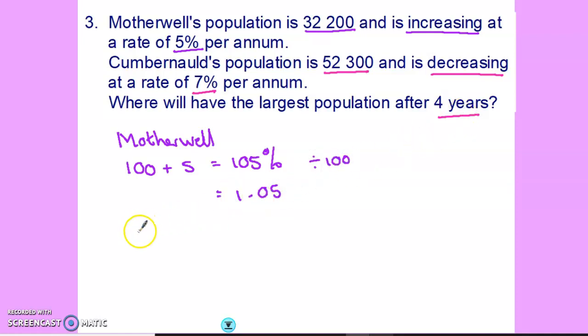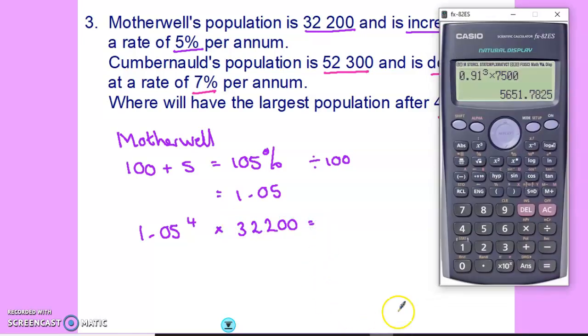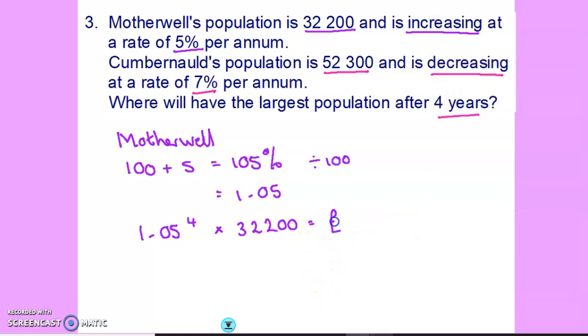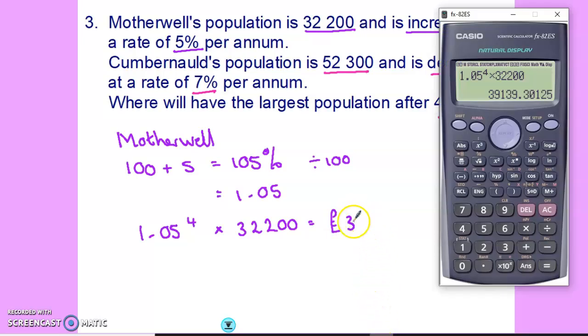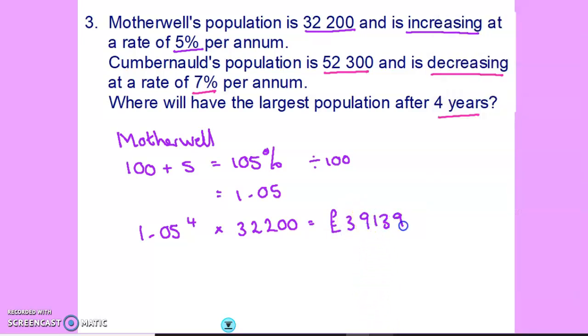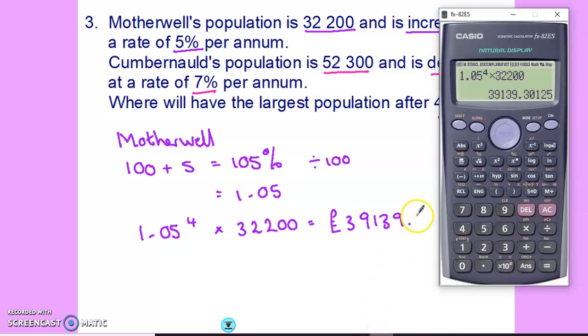And this is for 4 years. So I'm going to do 1.05 to the power of 4 times 32,200. And that is 39139.30.